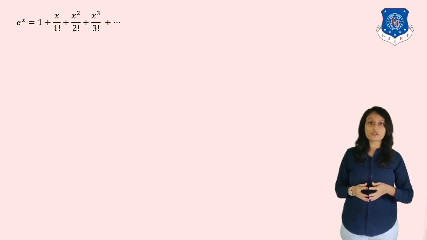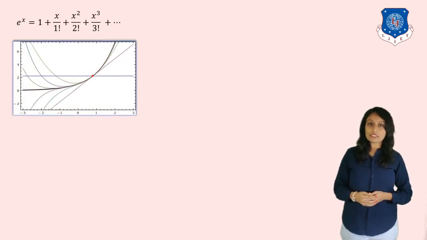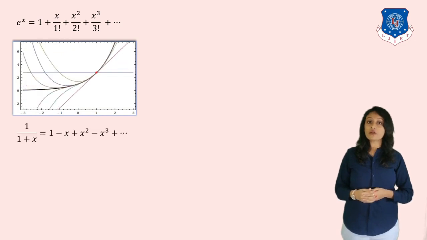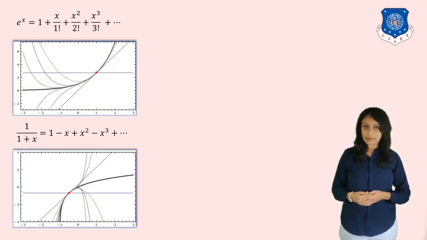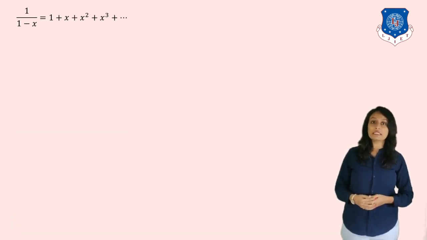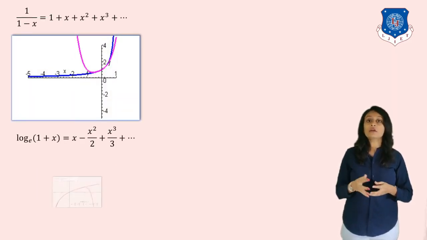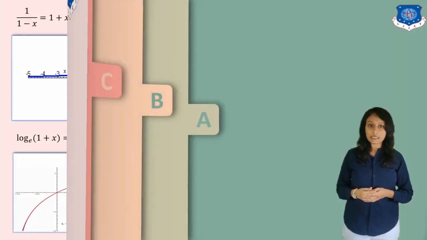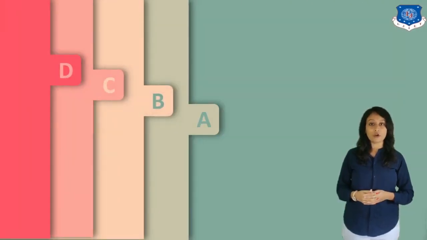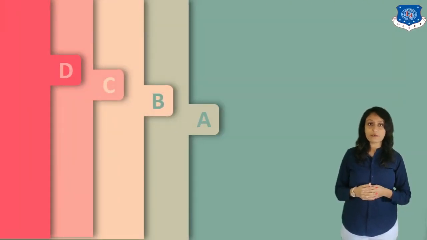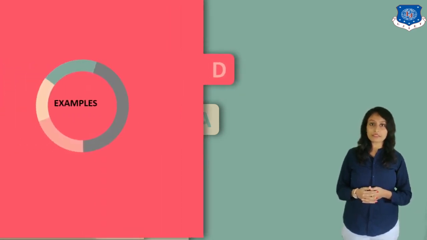Again, a graph of e raised to x formed using Maclaurin series. Then the graph of 1 upon 1 plus x. Okay, also we will see the graph of 1 upon 1 minus x and the graph of log 1 plus x base e. Okay, so all these graphs are formed using Maclaurin series. Now let's see a few more examples.